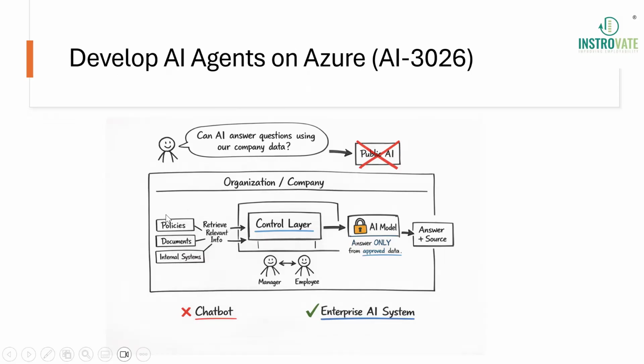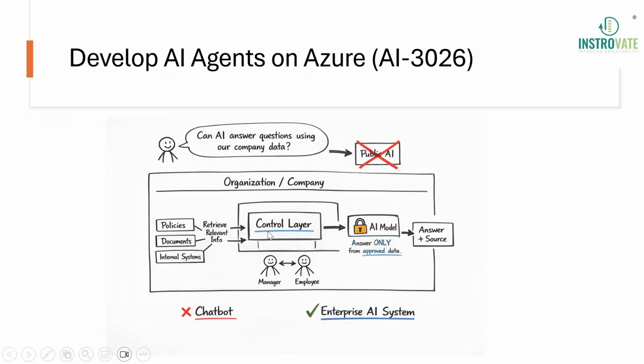These approved company data could be your policies, documents, internal systems, and many more. From this approved company data, the control layer retrieves the relevant information.